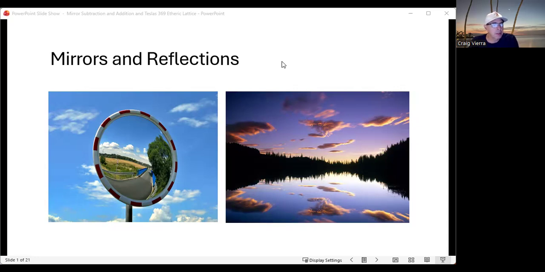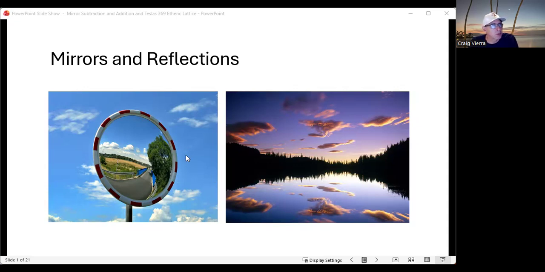Because this little section deals with mirrors and reflections, everybody's pretty familiar with what a mirror is and how you can see your reflection in a mirror. I've got a couple pictures here so that you can kind of get the idea. One has water, and you're seeing the reflection of the sky with the clouds.